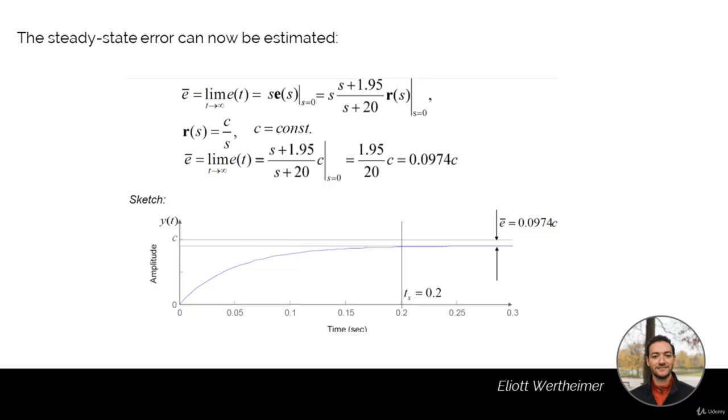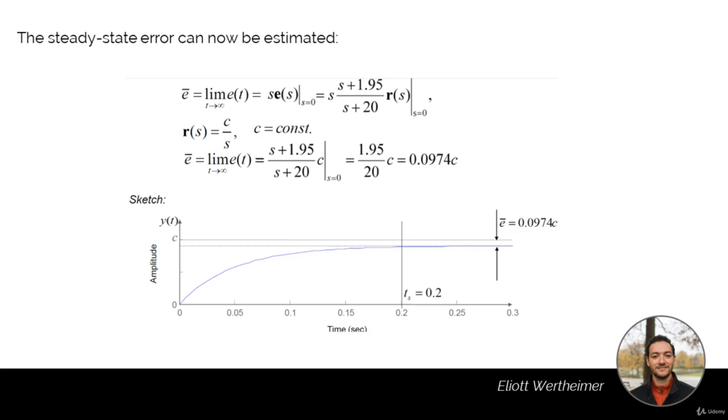So we saw before that the steady state error is actually the error that remains between your final response of your system and the desired reference you want to reach. Essentially, in mathematical terms, it is the limit of the error with respect to time as time goes to infinity. If you apply a Laplace transform to this in the S domain, this is equivalent to s multiplied by E(s) as s goes to 0.